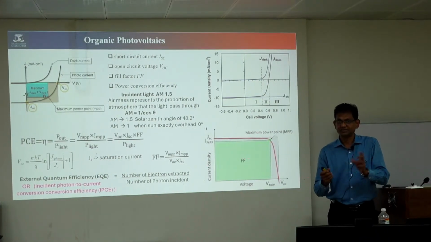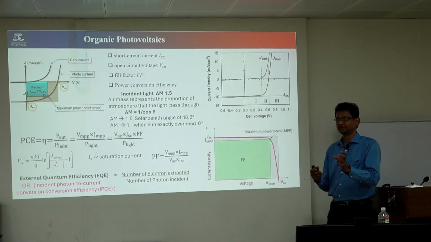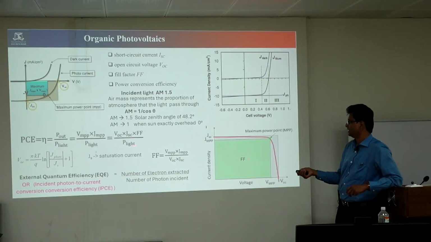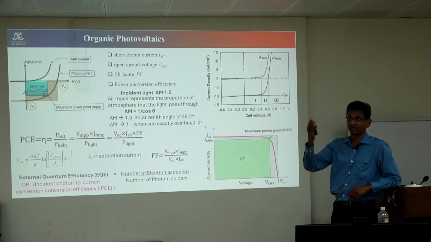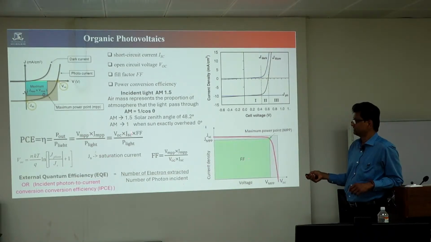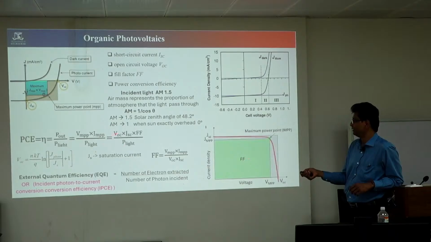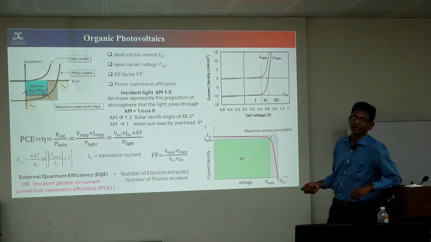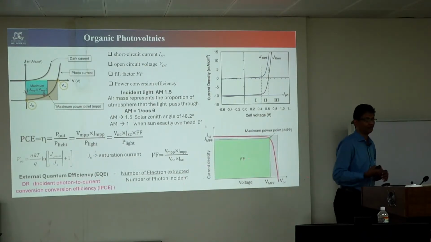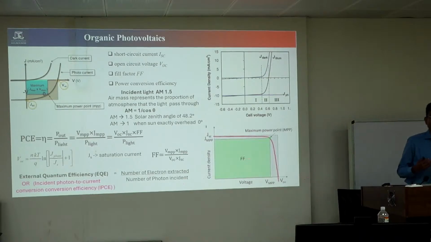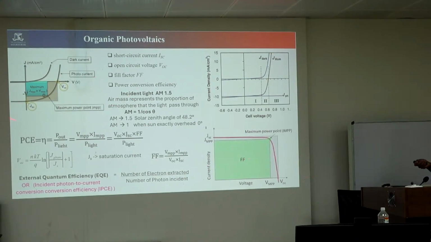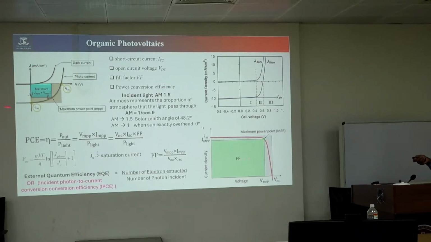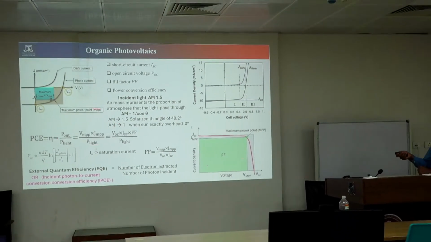If you miss the input light power, the divider is very low, then the efficiency we report will be very high. If the denominator is very high, the efficiency will become very low. So we should take care of these things when we do the characterization and measurements of the solar cell. We need to give 1.5 AM, short circuit current, VOC, and the fill factor.